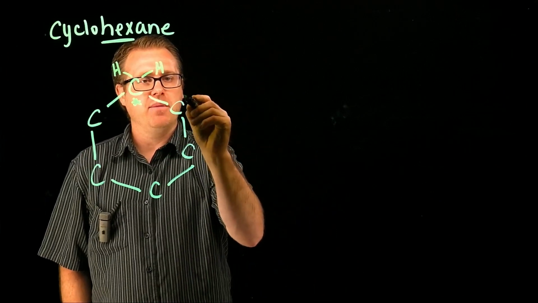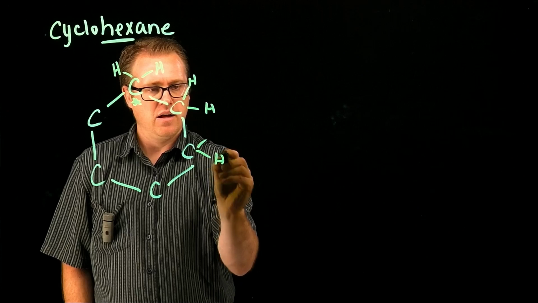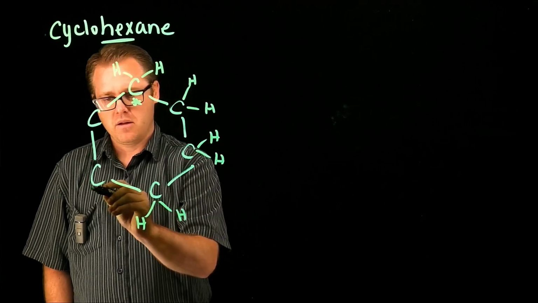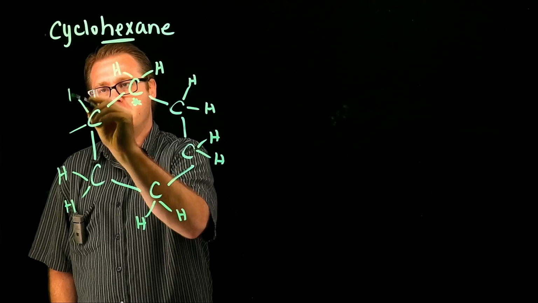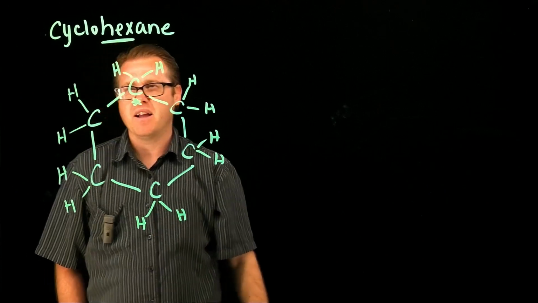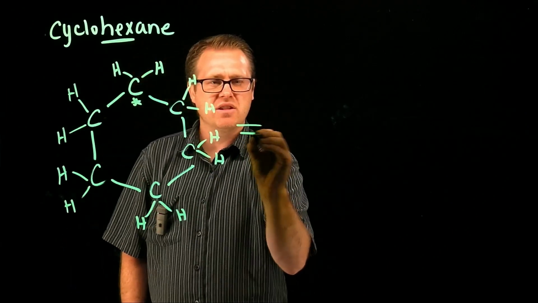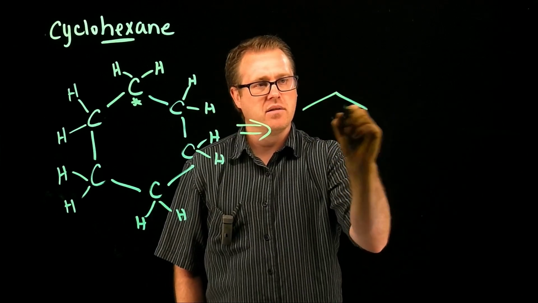And so every carbon is going to have hydrogens coming off. Do you see how labor intensive this is to draw in all the hydrogens and to draw in all the carbons? So it's just easier to draw a cyclohexane ring like this.